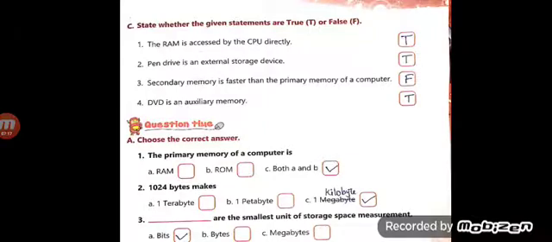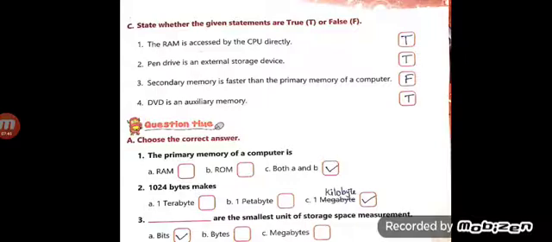Now next we have choose the correct answer. The primary memory of a computer is RAM, ROM or both A and B. The answer will be both A and B because RAM and ROM both are primary memory. 1024 bytes makes 1 terabyte, 1 petabyte or 1 kilobyte.